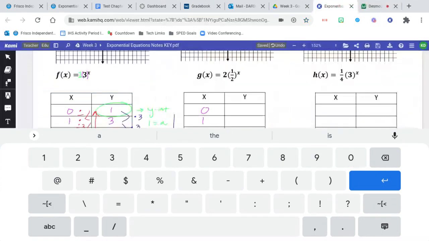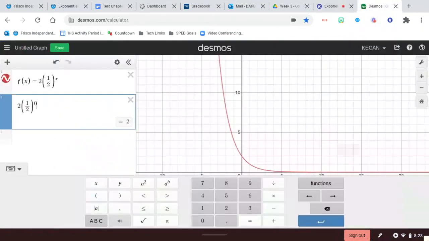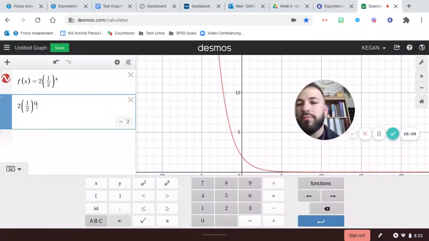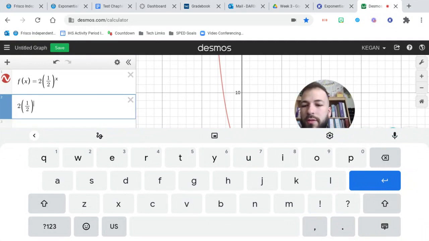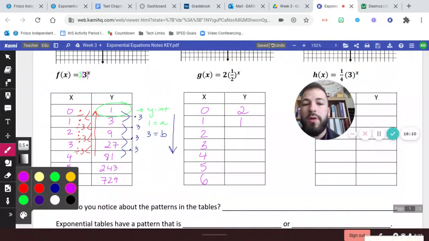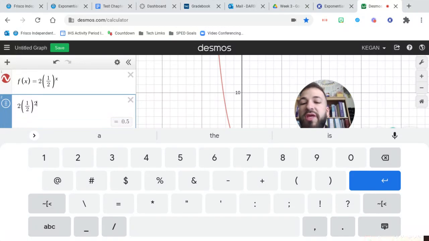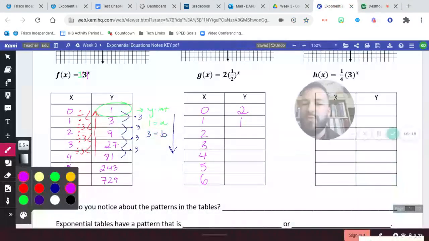So our first one is 2. Okay, then if I raise it to the power of 1, next one will be 1. Then if I raise it to the power of 2, next one would be 0.5, which is the same as 1/2, right?